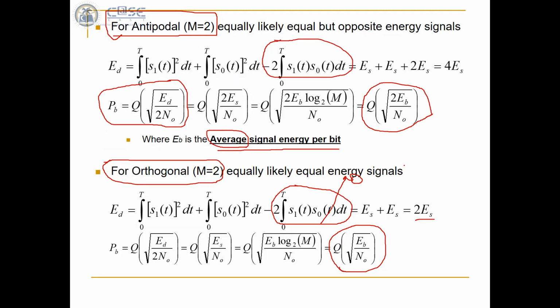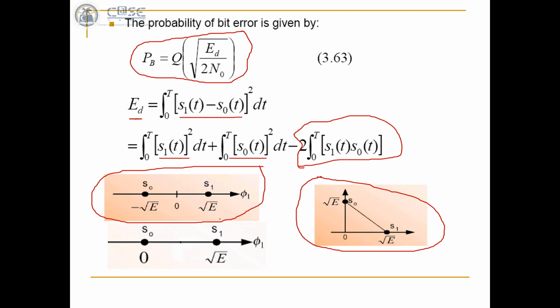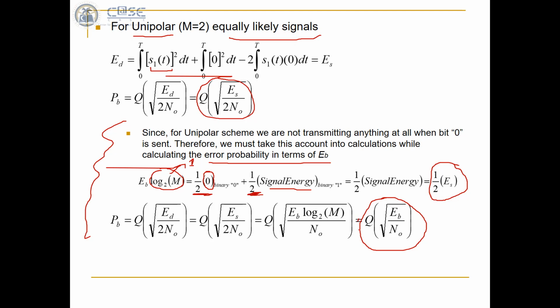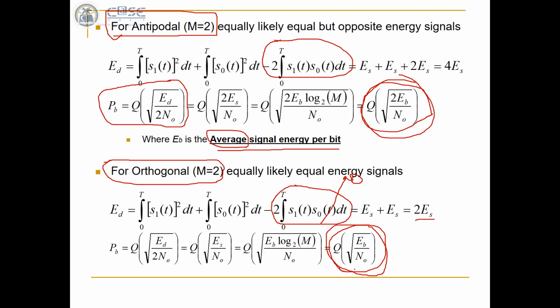Now let's see which of the signal classes, either antipodal, unipolar, or orthogonal, will give you the lowest probability of error. If you compare the formulas that we have just seen, this one for antipodal, this one for orthogonal, and this one for unipolar: unipolar and orthogonal have the same probability of bit error, whereas this formula for antipodal has a different value.